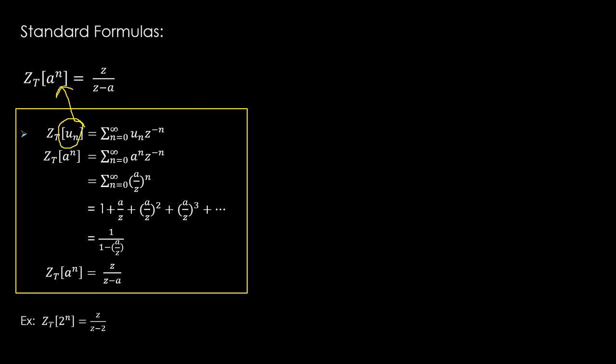Z transform of, say, 2 power n, which is z by z minus 2. This is because your a is 2 here. Similarly, you can get Z transform of minus a power n, which is z by z plus a.